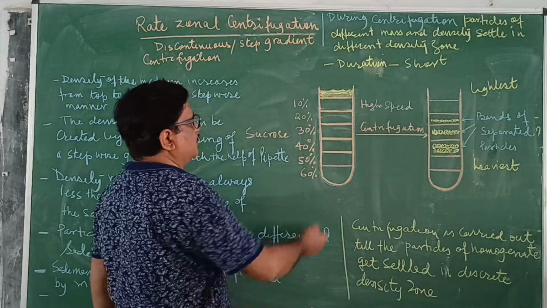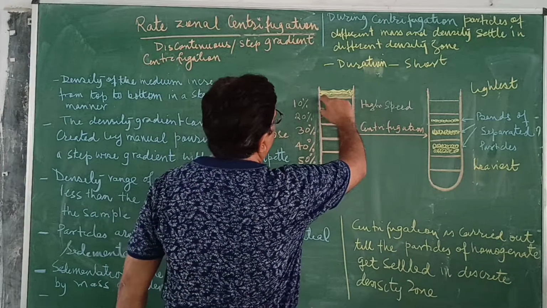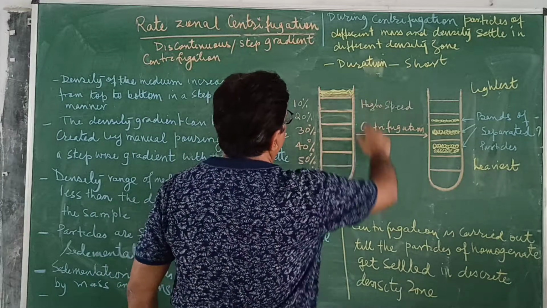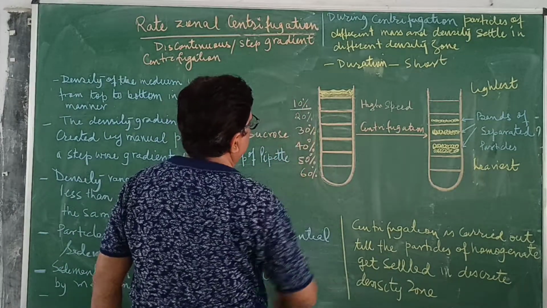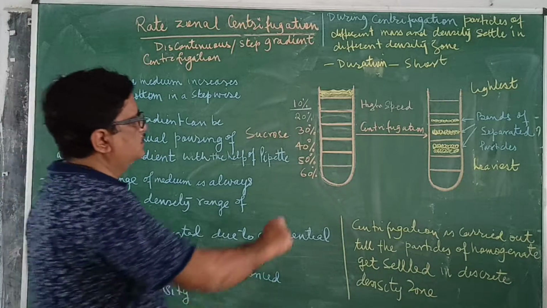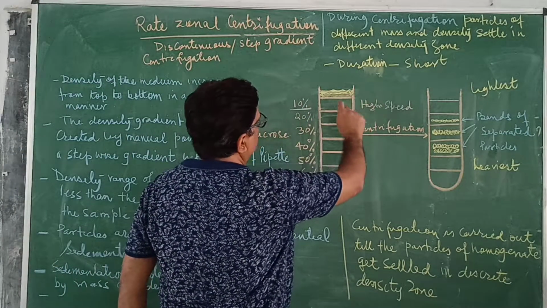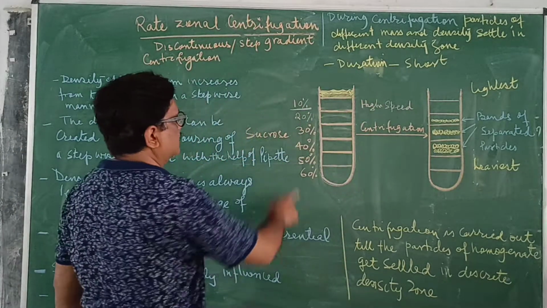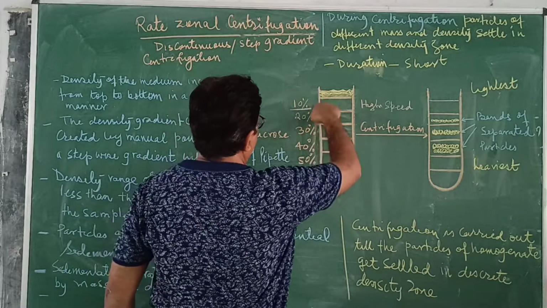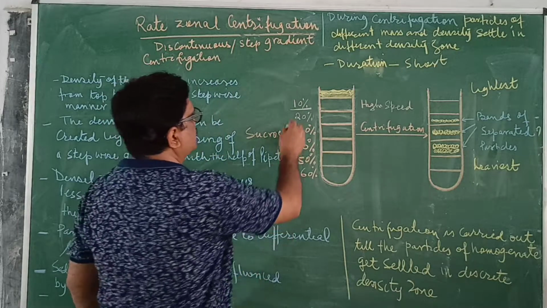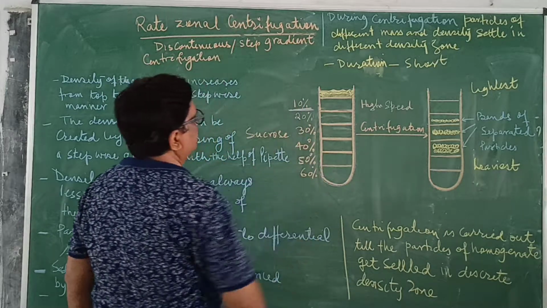That means in the top layer or top zone, the concentration of the medium is 10%. So this zone contains the medium whose density is least, or whose solute concentration is minimum, that is 10%.